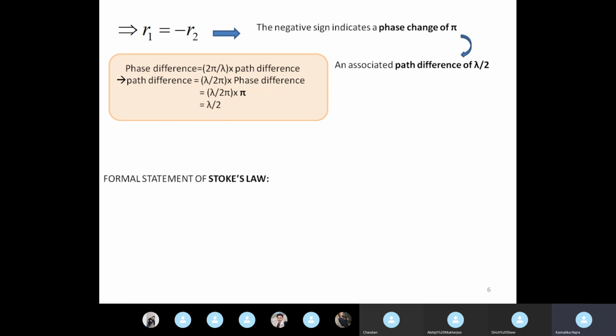So now we are at a position to state the formal statement of Stokes' law. This exercise that we did with the 4 cases of light getting reflected and transmitted in 4 different ways from the same sources and in between the same media was basically to arrive at the formal statement of Stokes' law.